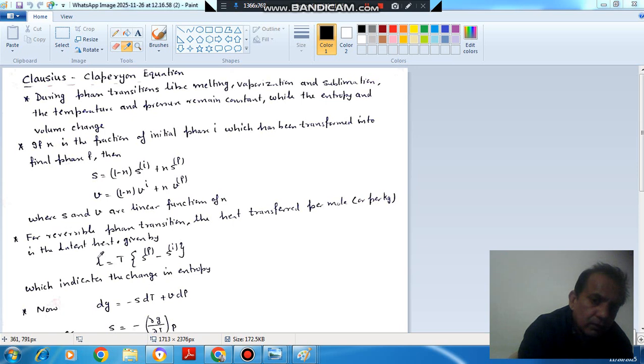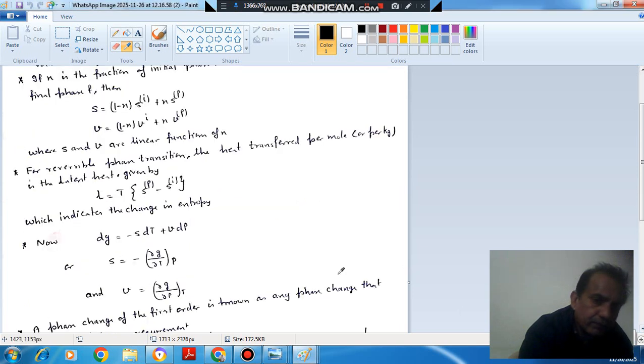That is not from a temperature change, so it should be from the entropy change. So that heat is temperature times the entropy change, final entropy minus initial entropy, and that heat is called the latent heat, for example latent heat of evaporation. So there is entropy change as well as volume change, but temperature and pressure remain the same.